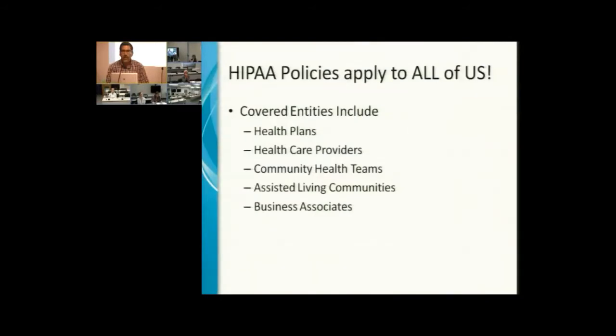And they accidentally posted a large number of these narratives on an unsecured part of the website. Major violation, and they were fired on the spot. There'll be all kinds of lawsuits and everything going. So they were a business associate of the hospital because they were contracted to provide a service that gave them access to protected information. So they're just as responsible for that information as the hospital or the doctor or anyone else.